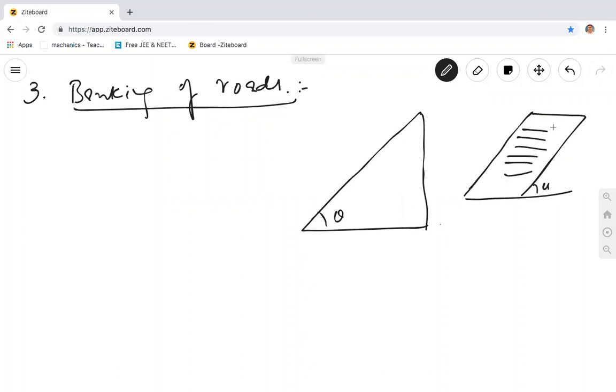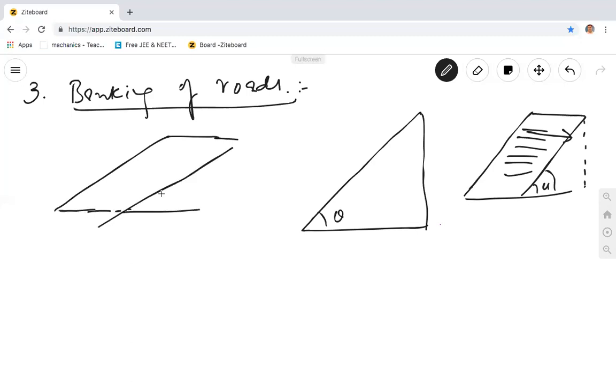Not up and down, cross. This is the road. It has been banked. I mean, it has gone up. I will make one more figure so that you understand. You may feel this is the road, but no, this is the road. It is banked from this side.